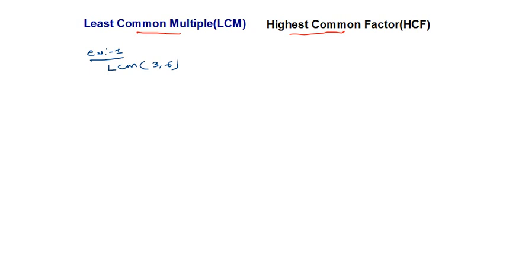What are the multiples of 3? 3 1 ja 3, 3 2 ja 6, 3 3 ja 9, 3 4 ja 12, 3 5 ja 15, and so on it goes.